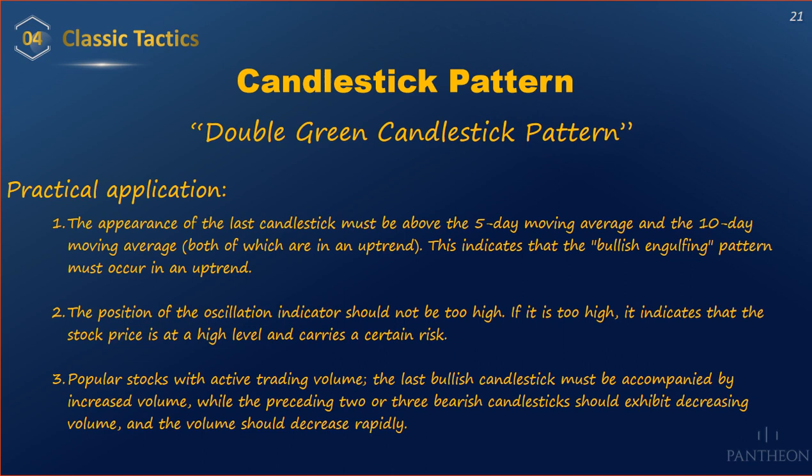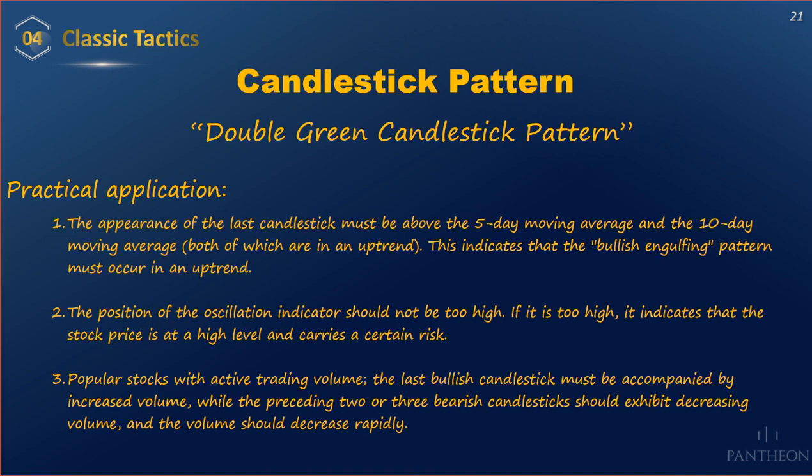Let's take a look at a practical application for this double green candlestick pattern. For point number 1, the last bullish candlestick must appear above the 5-day and 10-day moving average in an uptrend.